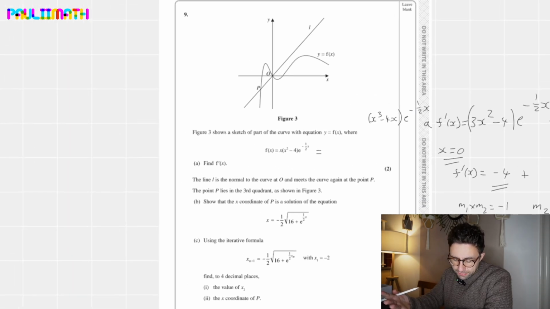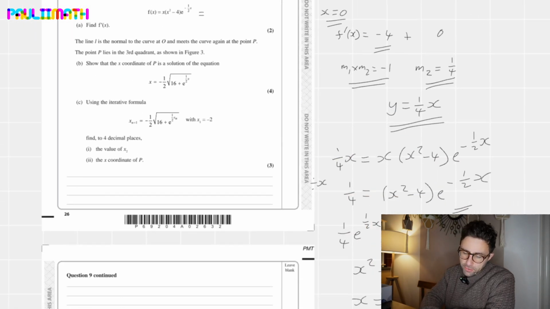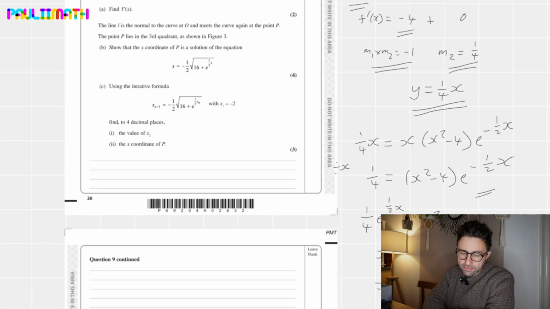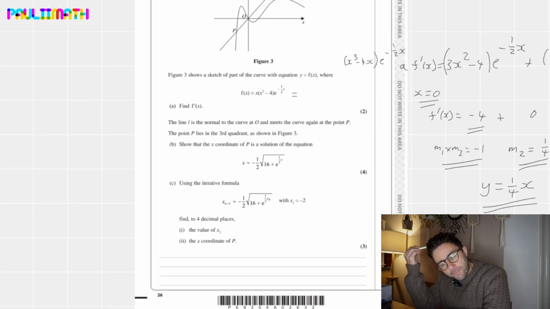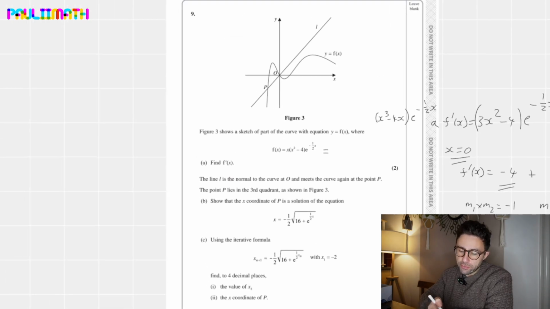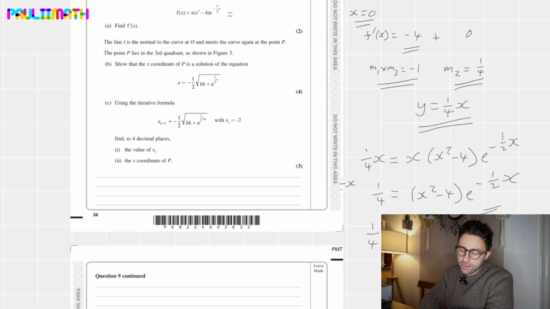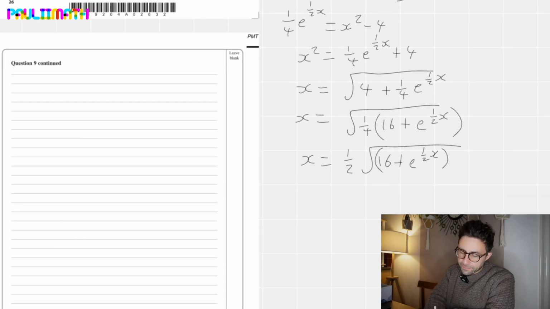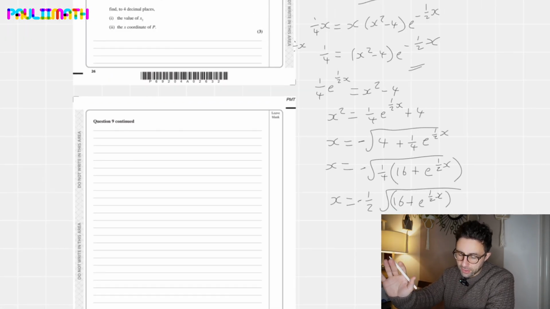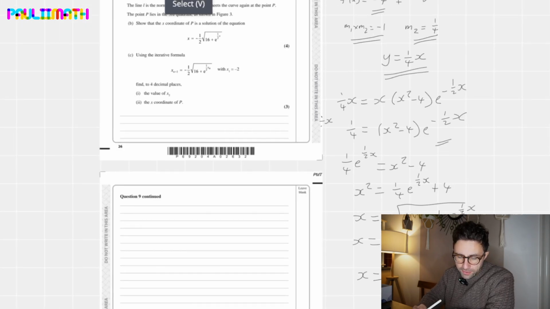Is it just visually from the graph? There could be plus and minus answers. Maybe when you do the plus one it doesn't work, and when you do the minus one it does. I can't see any immediate reason from the algebra why you would choose the negative square root, except from just looking at the graph. So I'm just going to write the negative when I take the square root, just because it's kind of wanting me to do it. Could be an element of trial and error as to why they came up with that.